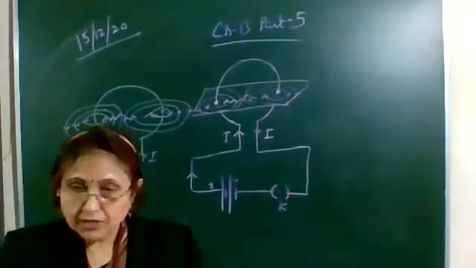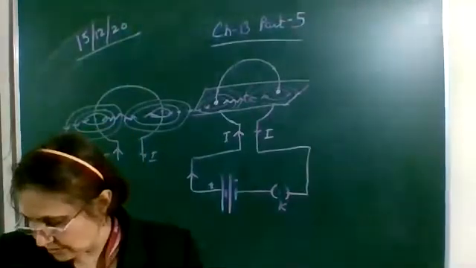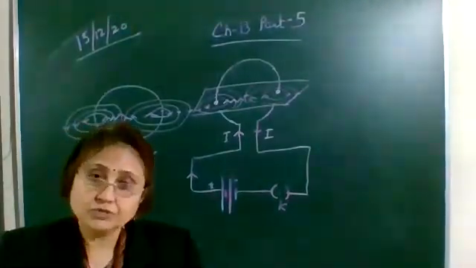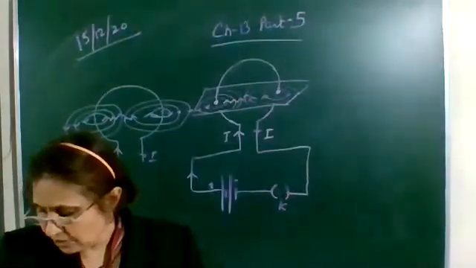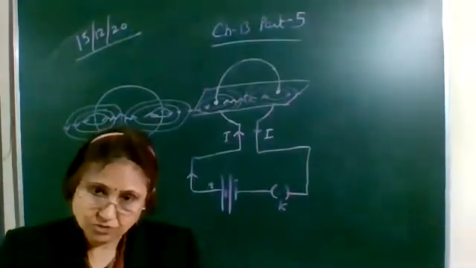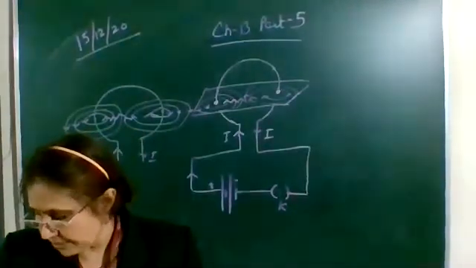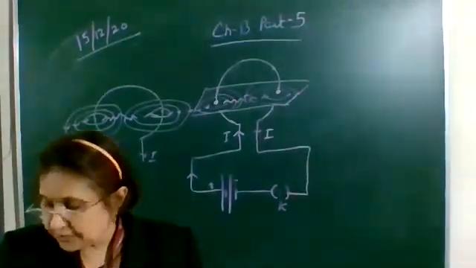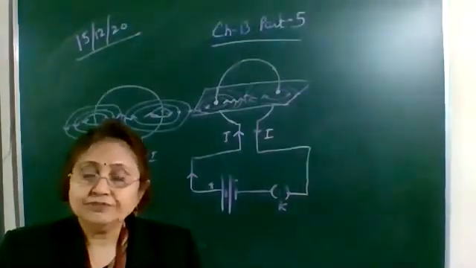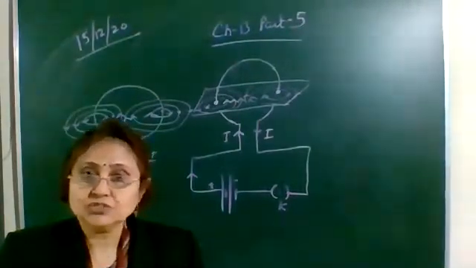So a coil having many circular turns of insulated copper wire, wound closely in the shape of a cylinder, we call a solenoid. Then we have to study the pattern of the magnetic field lines due to a solenoid.